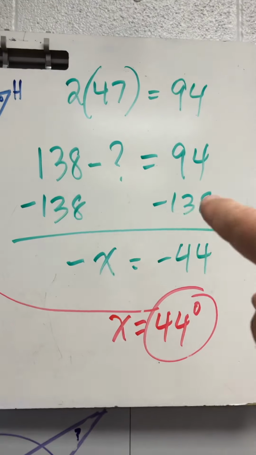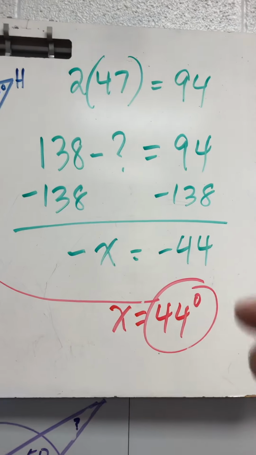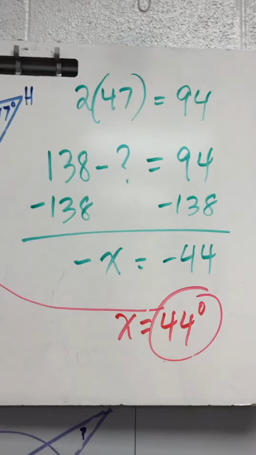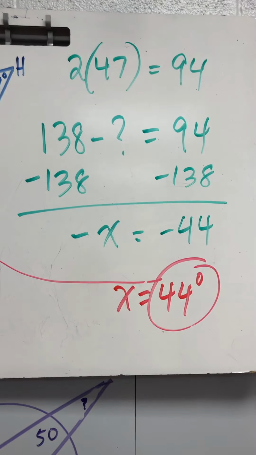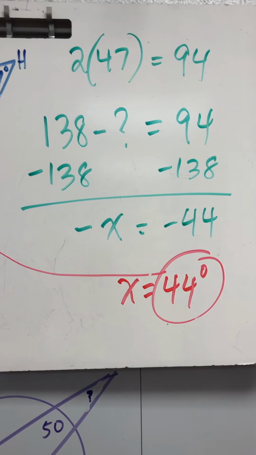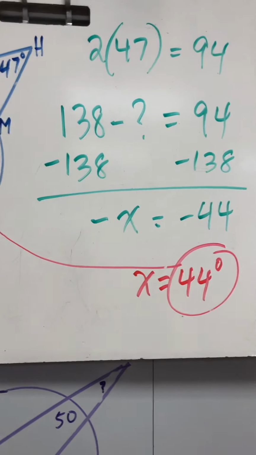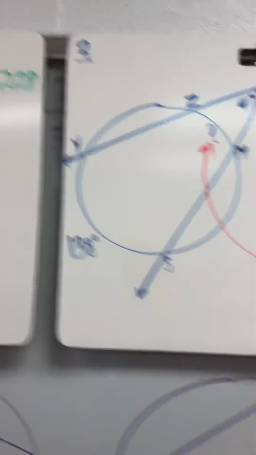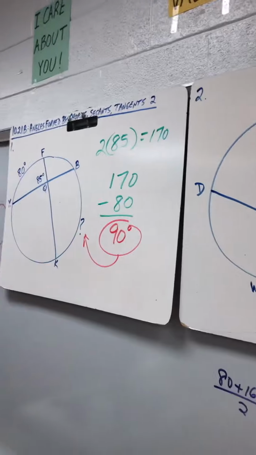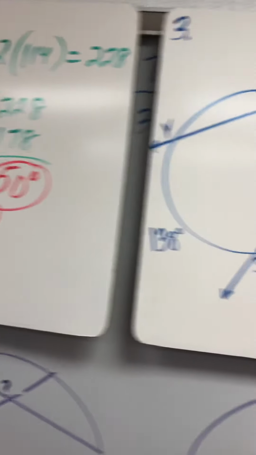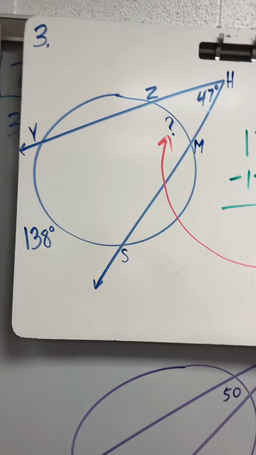If I subtract both sides by 138, I get negative 144, or negative x equals negative 144. X equals 44. In other words, I'm really subtracting. Just like these two, I'm multiplying the angle by 2 and subtracting.